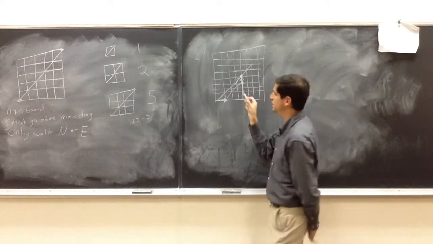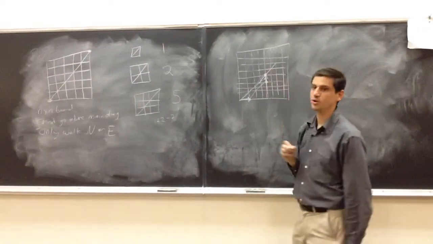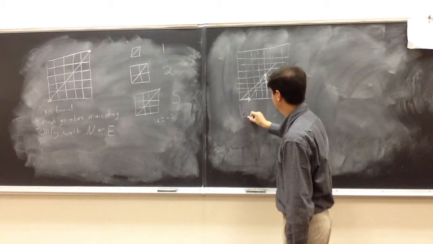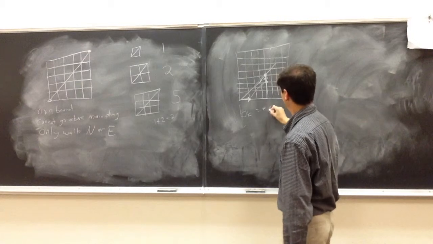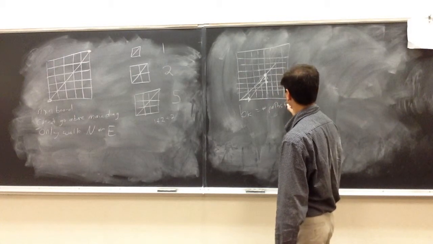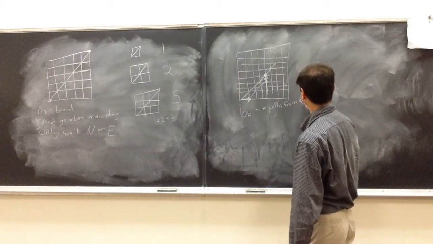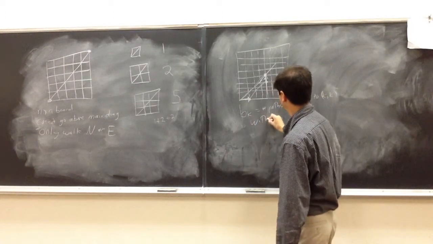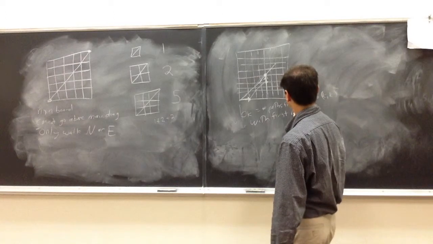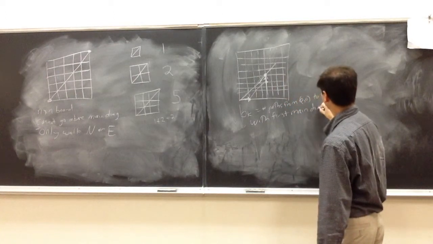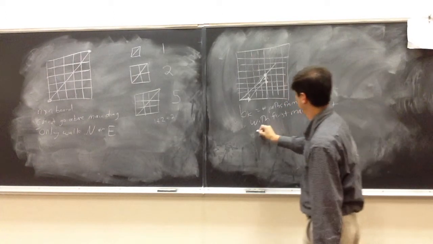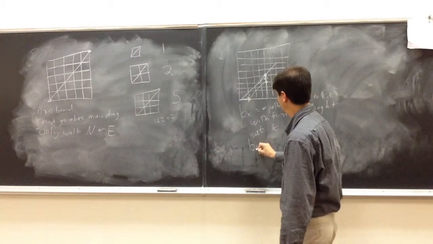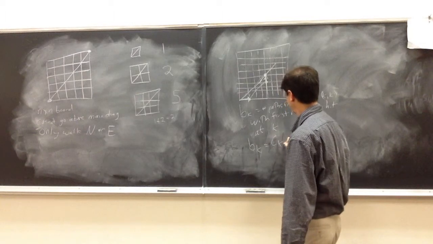So what we get is the number of ways so that this is the first point, this is the first time you hit. So if b_k is the number of paths from (0,0) to (k,k) with first main diagonal hit at k, then we get b_k is c_{k-1}.